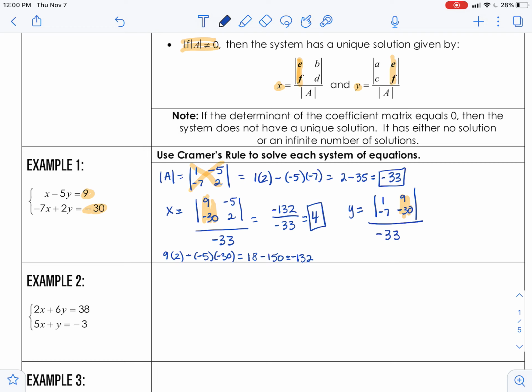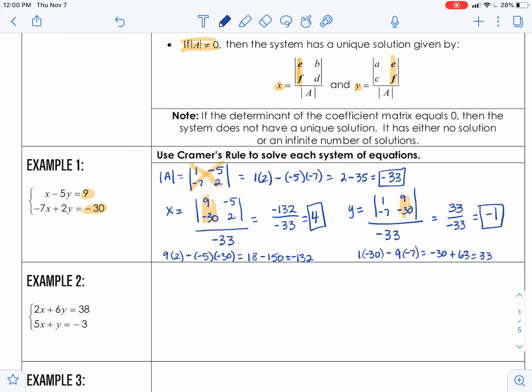So again, I'm just going to come right underneath here and do my determinant. And I've got 1 times a negative 30 minus 9 times a negative 7. That's a negative 30 plus 63, which is 33. And so this is 33 divided by a negative 33, which is a negative 1.